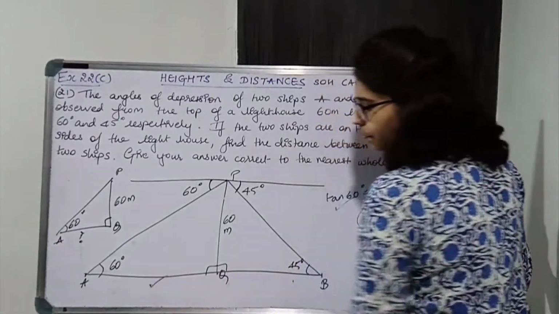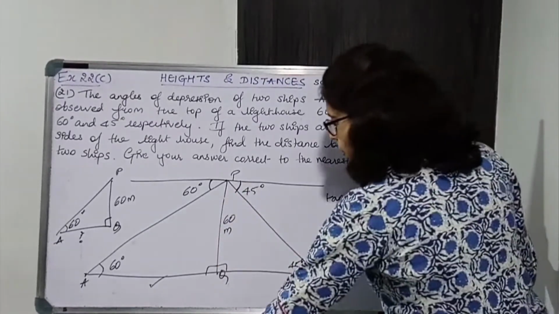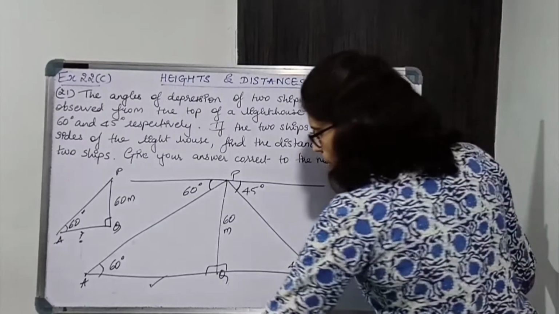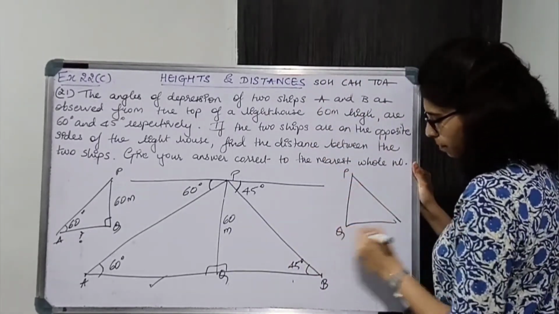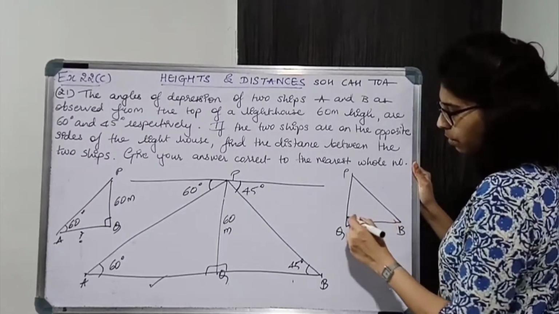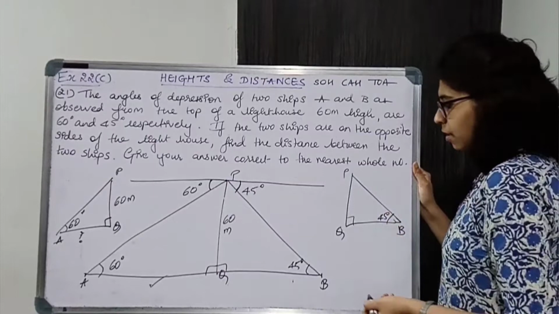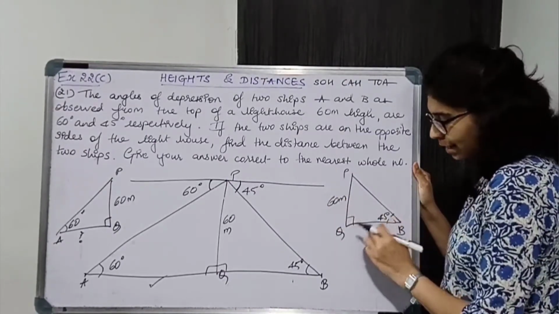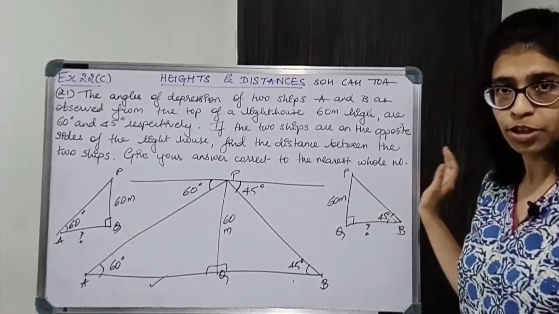AQ मिल जाएगा. QB के लिए we'll consider this triangle, so considering PQB, now in PQB this is 45 degrees. Now PQ is 60 meters, so angle का opposite we know, angle का adjacent we have to find, so opposite and adjacent again come in tan, okay, TOA.